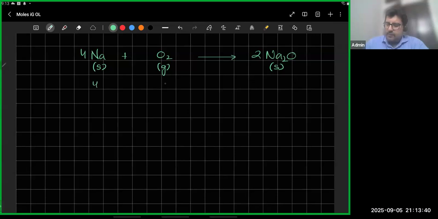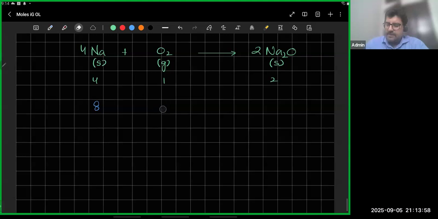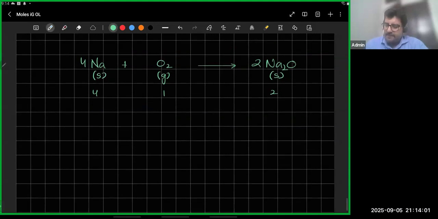Now the ratio is 4:1:2. So that means 4 molecules will react with 1 molecule, right? So if I have 8 molecules, they're going to react with 2 molecules. Now, I'm going to make the question more difficult. If I have 6 moles of sodium and I have 4 moles of oxygen, which one is in excess? Which one is more than the required amount?